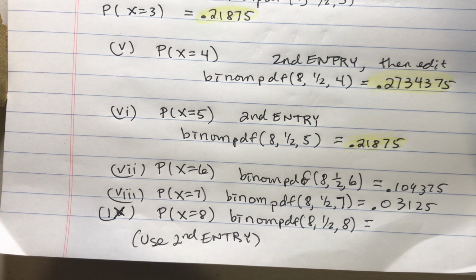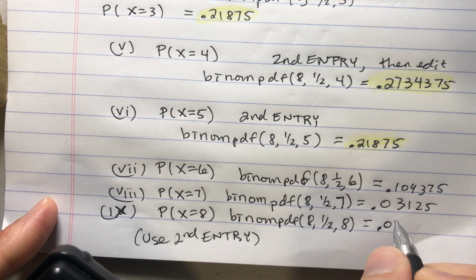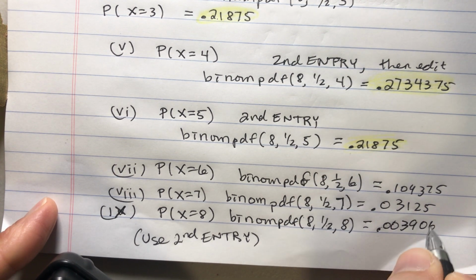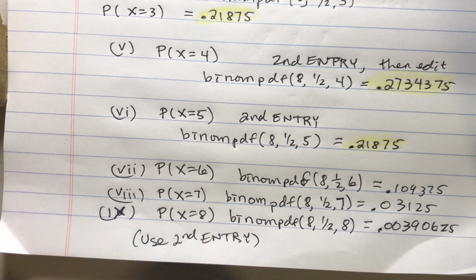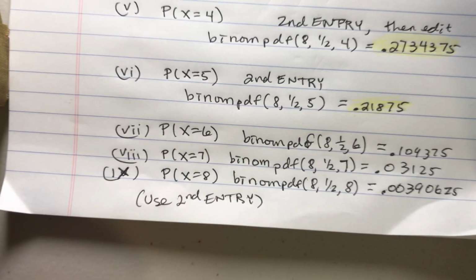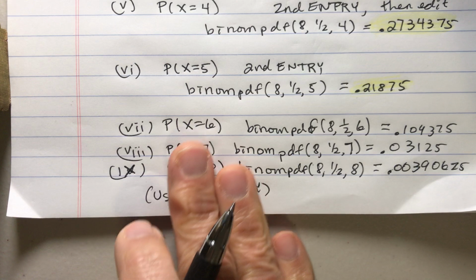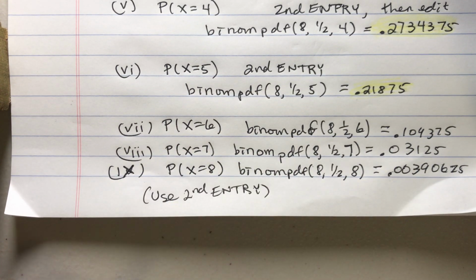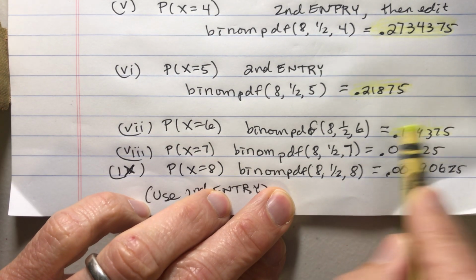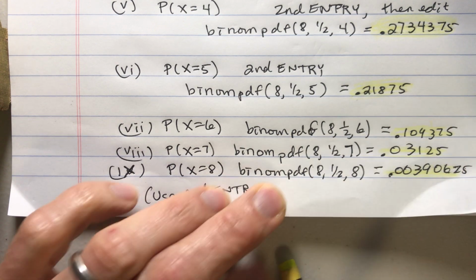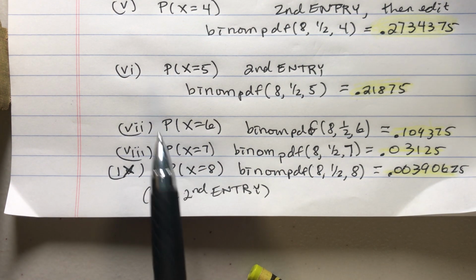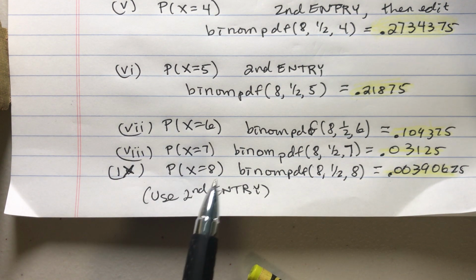And then I edit it. All right, did it. Okay, so we found the probability of getting 1, 2, 3, 4, 5, 6, 7, 8 heads.